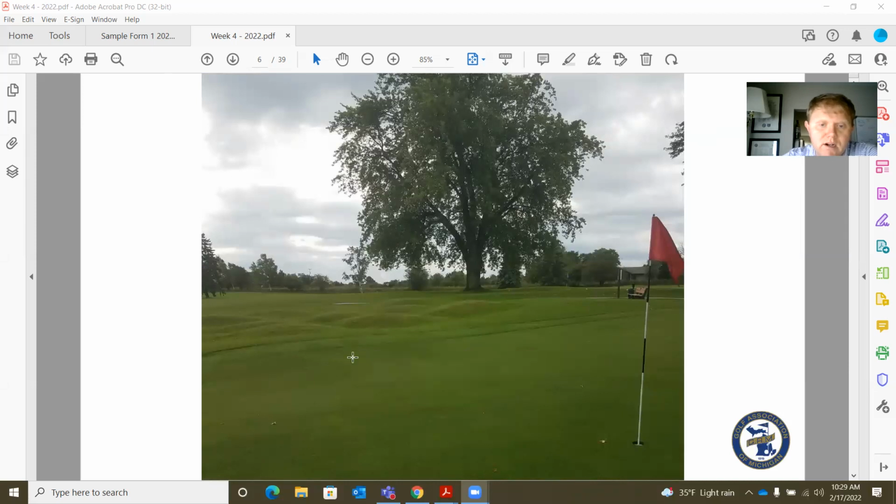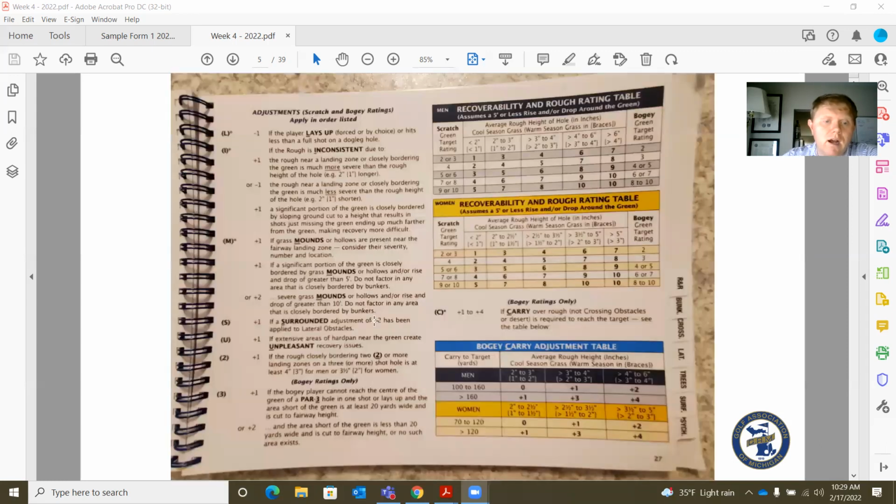Here's just a good picture of one example of mounds where we have, just off the green here, literally moguls that the course designer built in by design. And the other thing that's important is that when we're looking at mounds, we aren't talking about any of the areas that are included with bunkers.